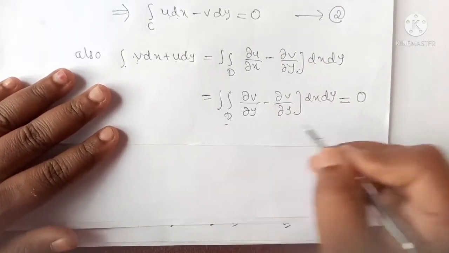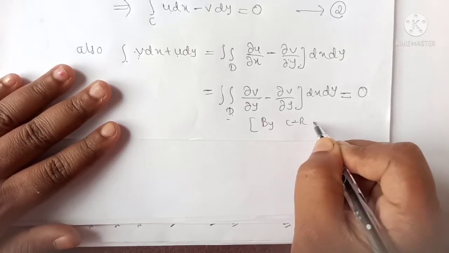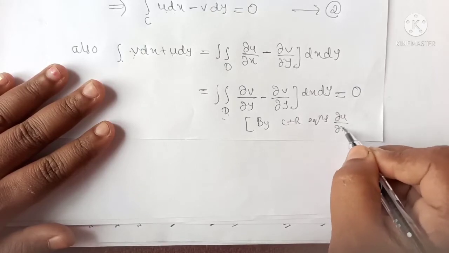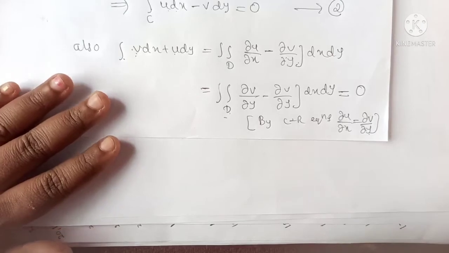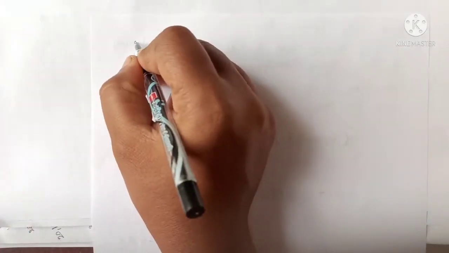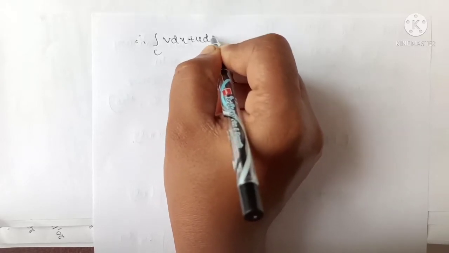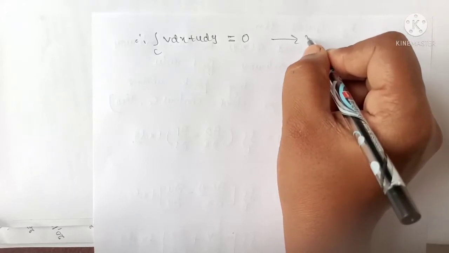So this is again by the CR equations: we have ∂u/∂x equals ∂v/∂y. Therefore the integral over C of v dx plus u dy also equals 0. Consider this as equation 3.